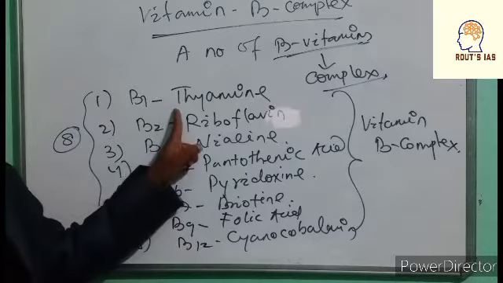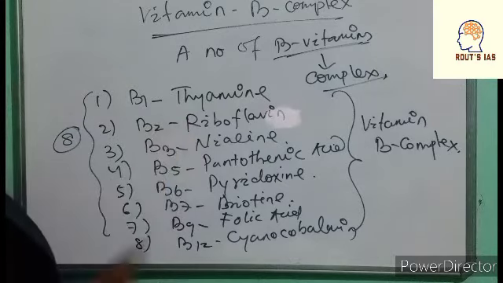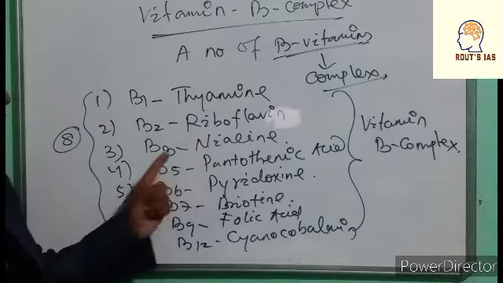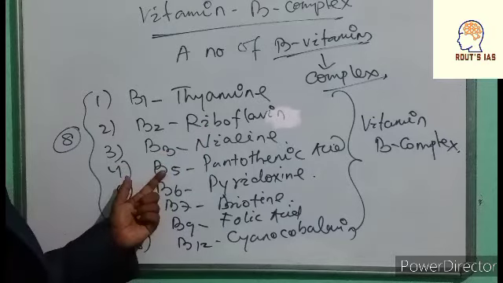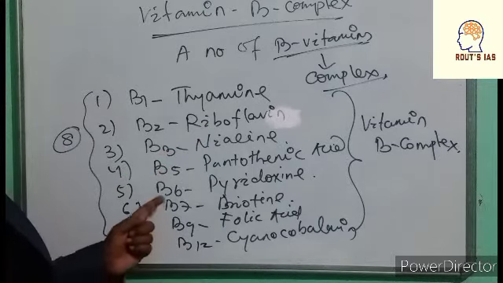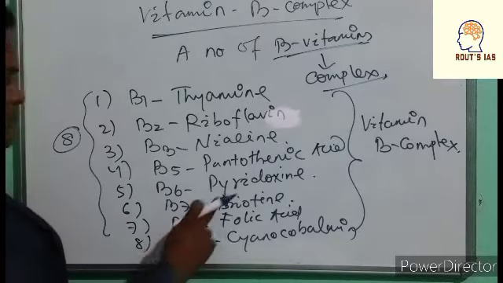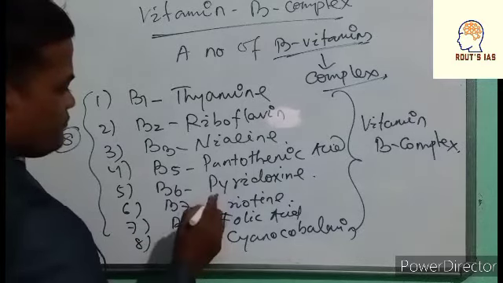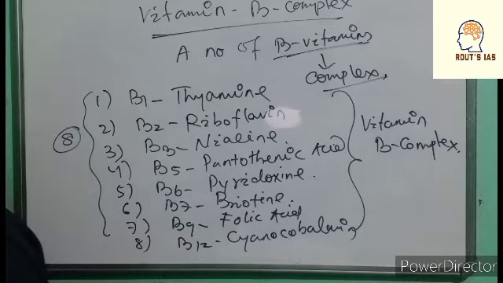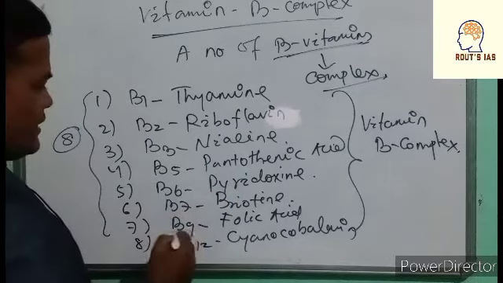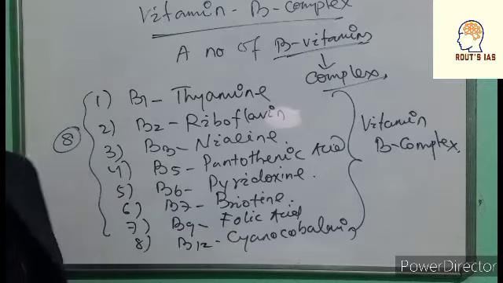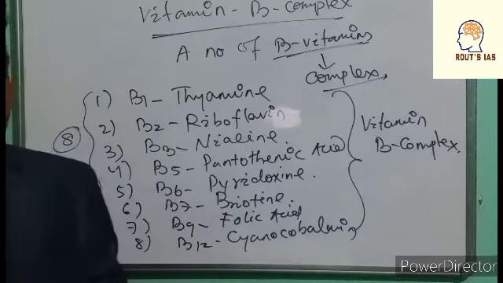Vitamin B1 is thiamine. Vitamin B2 is riboflavin. Vitamin B3 is niacin. Vitamin B5 is pantothenic acid. Vitamin B6 is pyridoxine. Vitamin B7 is biotin. Vitamin B9 is folic acid. Vitamin B12 is cyanocobalamin. Is it right?